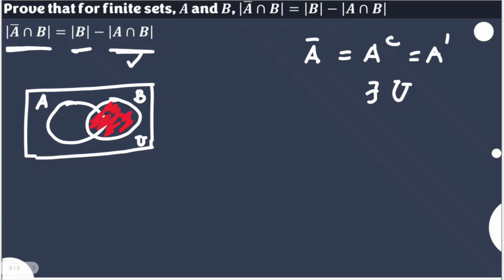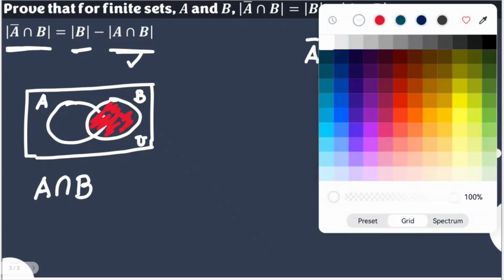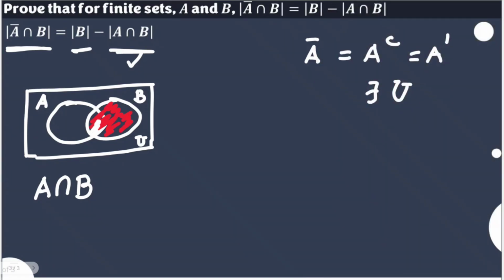comprises a union of two different intersections. The first is the intersection of A and B, which is this portion here.